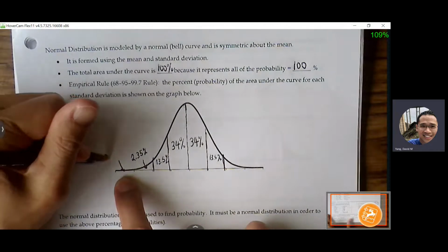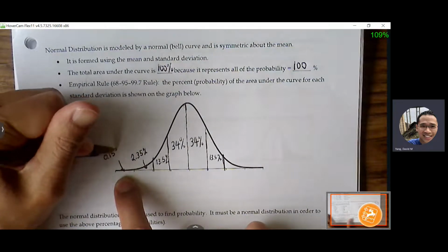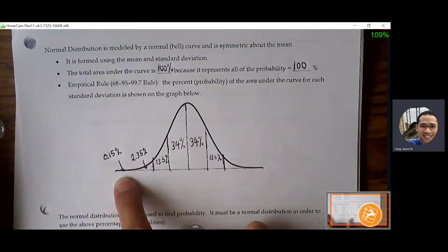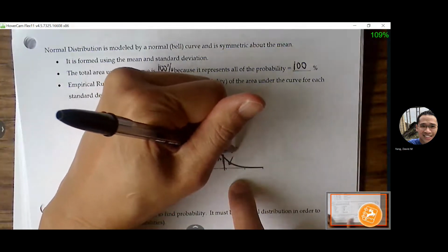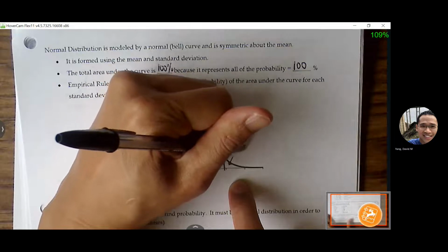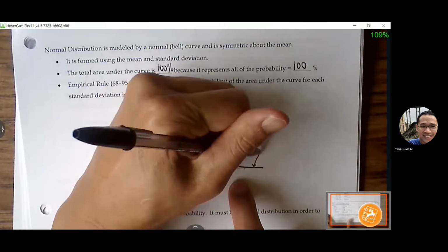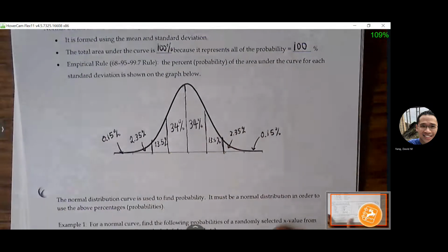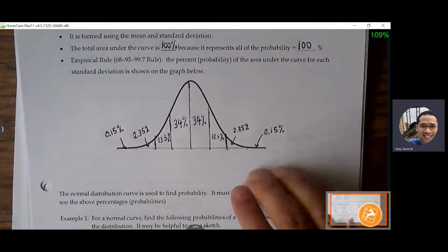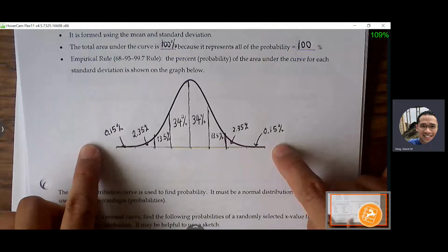It's 0.15%, so less than 1%. Okay, same thing on this side. Now if you were to add up all these numbers, it'll be 100%.